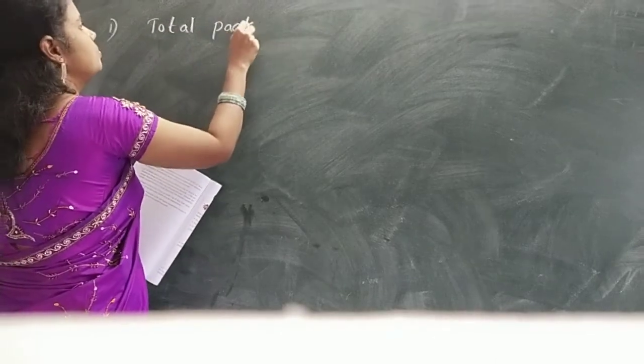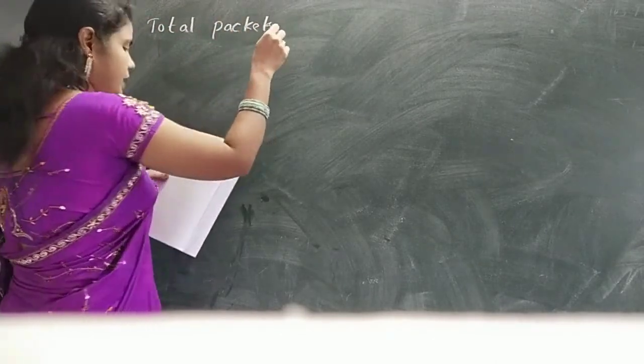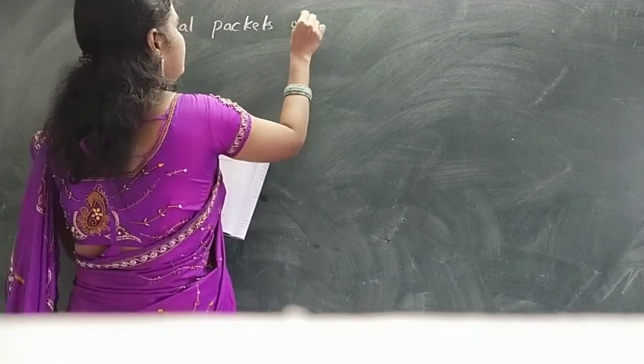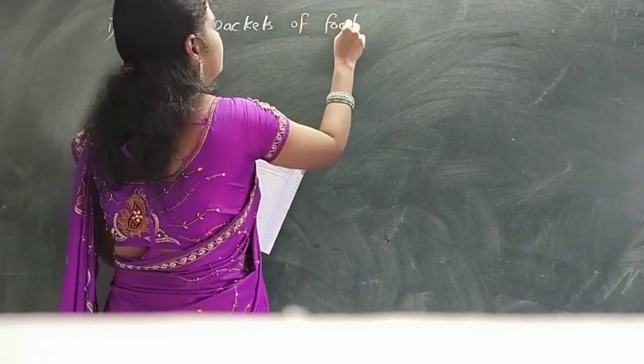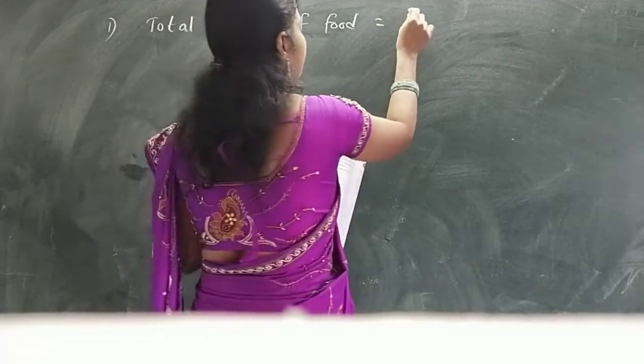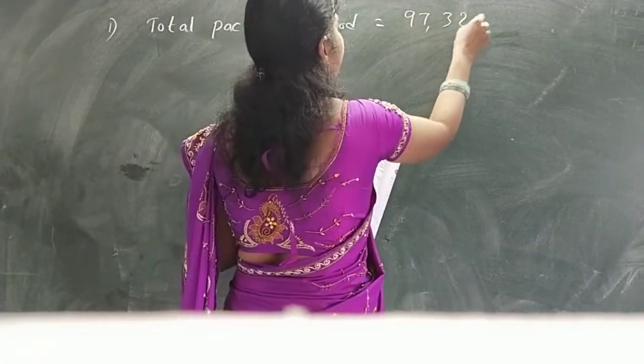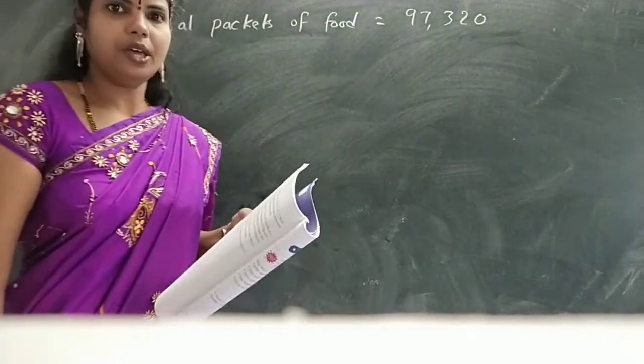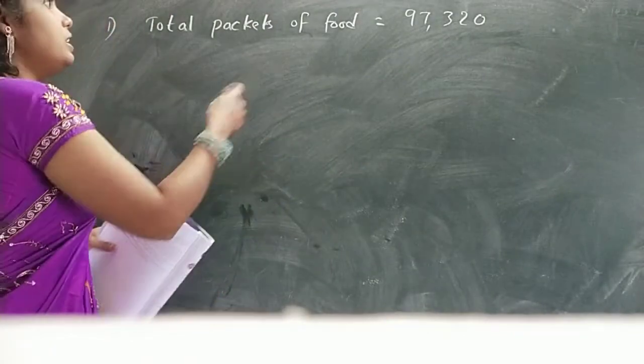Total packets of food equal to 97,320. Okay. Now estimated value.